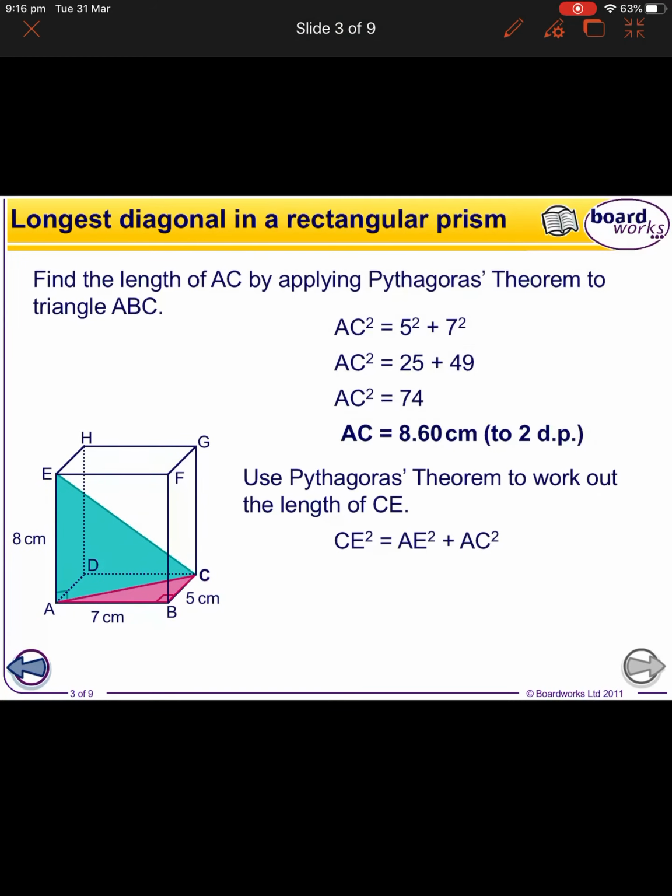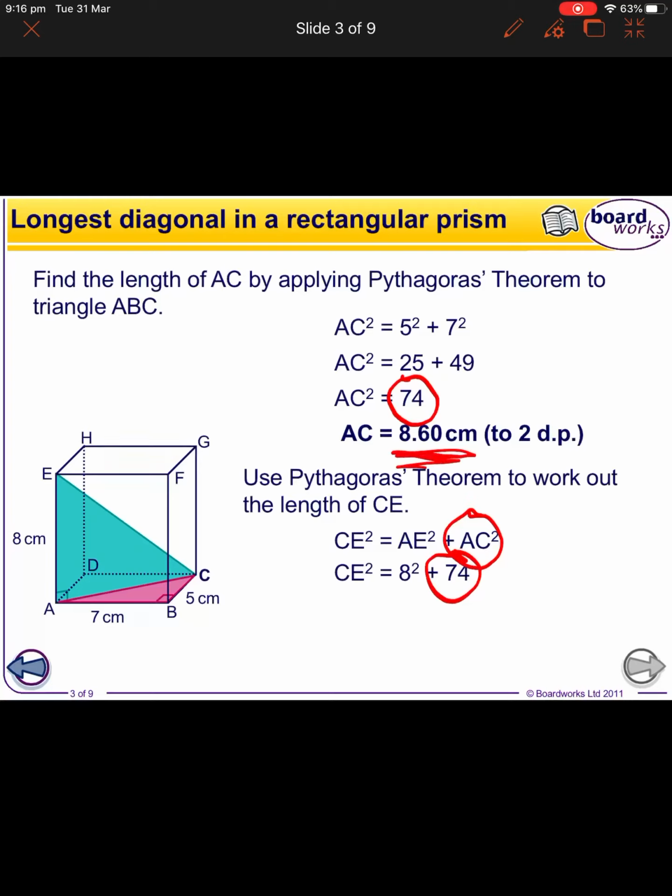So putting that into our calculator, we've got CE, that's what we're trying to find, square that side, and it's equal to AE squared plus AC squared, because we see our right angle triangle there. So here we've got 8 squared for AE, because we've got our 8 here. We've got 74 here. Now the reason we've got that is because we know what AC squared was. We figured out AC squared to be 74.